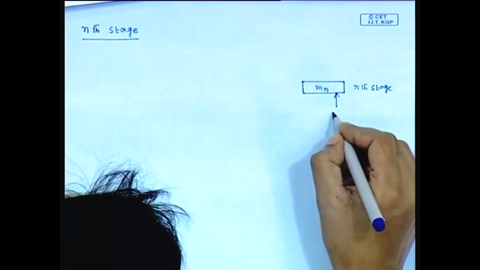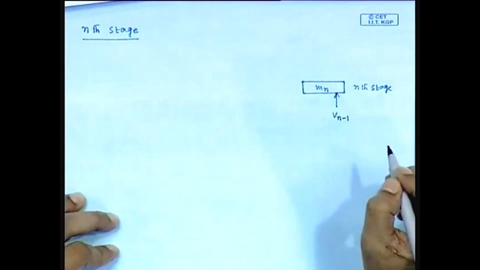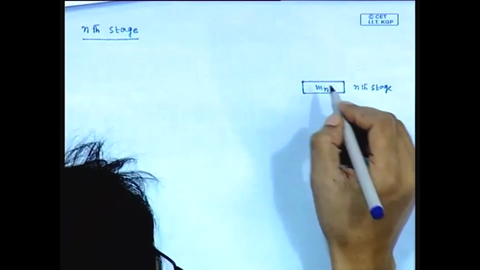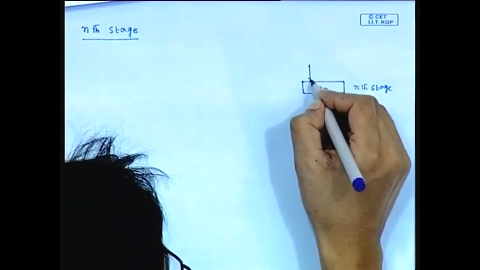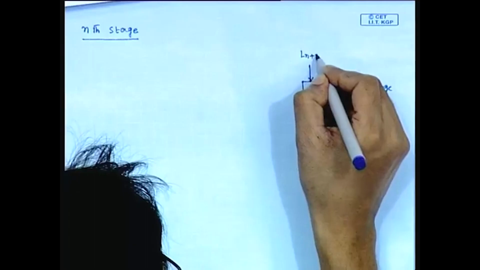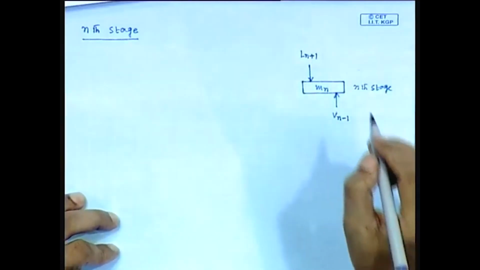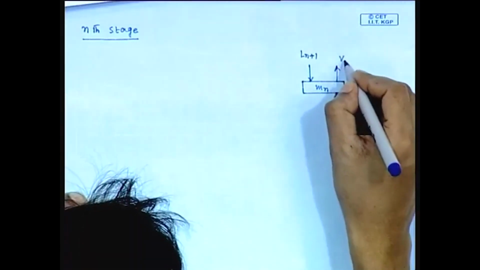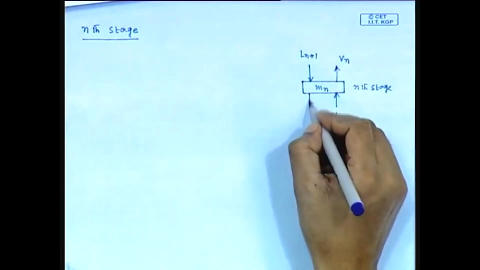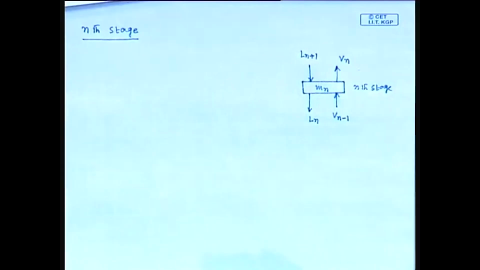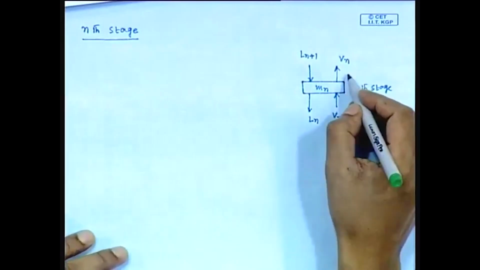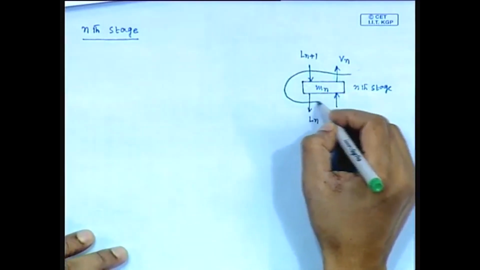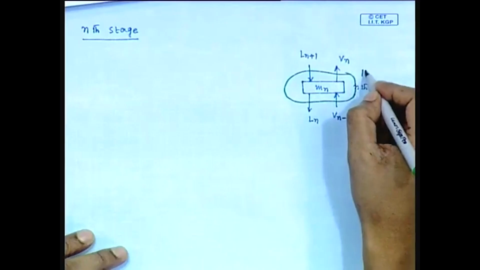Input streams are, one is V n minus 1 and another one is L n plus 1. Outgoing streams are V n and another one is L n. Fine. This is the schematic of nth stage. So, this is the third envelope.